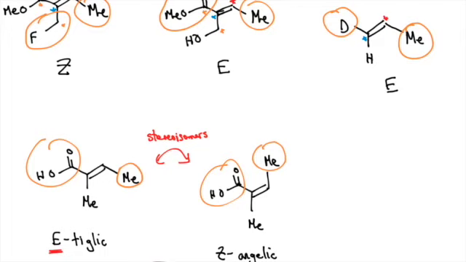Now these geometric isomers, these diastereomers, do not have the same physical properties because they have different energies. And we can see that actually in the isomers of butene. So let's take a look at butene. And so butene has the following two isomers. We have E-butene, this is E-2-butene.